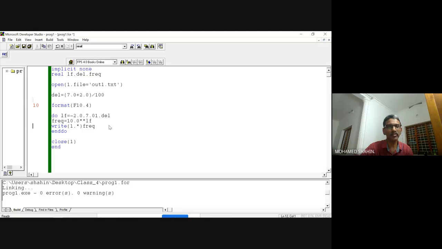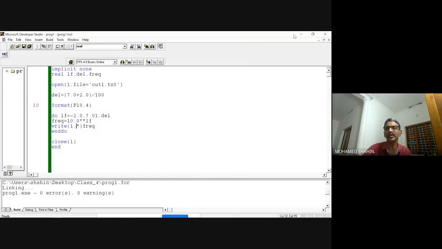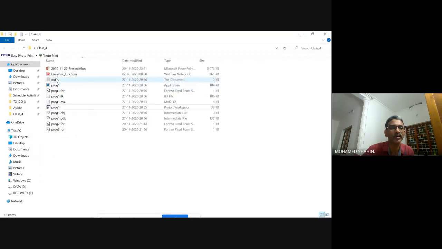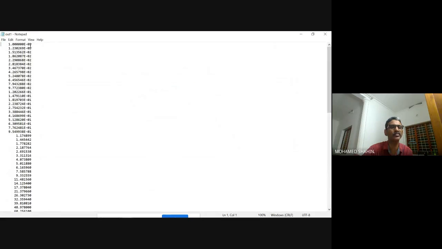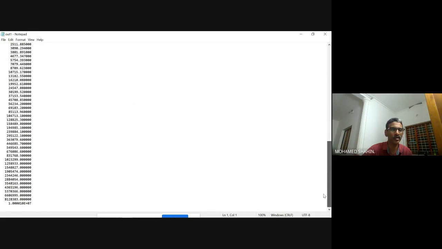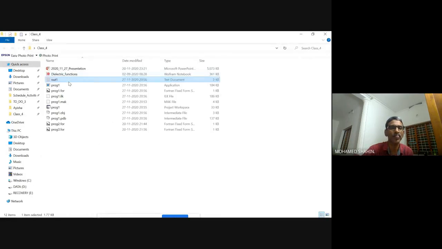Since it is 10 to the power, it is better we keep it as it is. Build, rebuild all, build, execute. Now you can see that instead of this, you got the frequency. This is how we generate the frequency. Now the frequency is 10 raised to minus 2 to almost 10 raised to 7. So now we have generated the frequency.